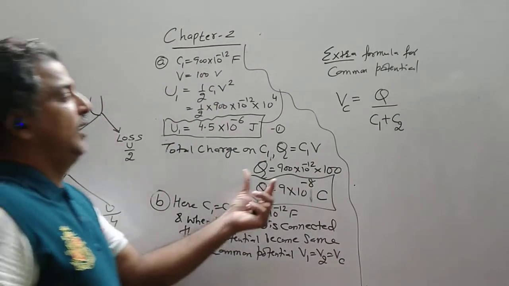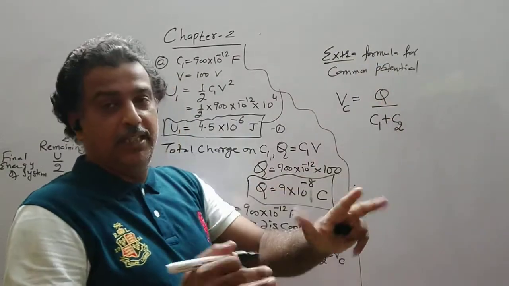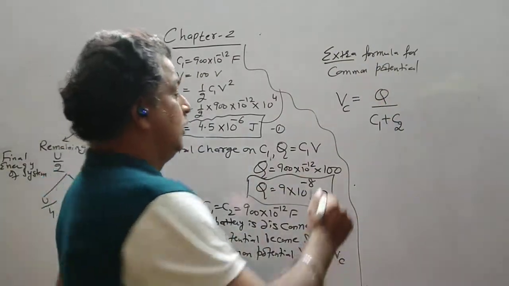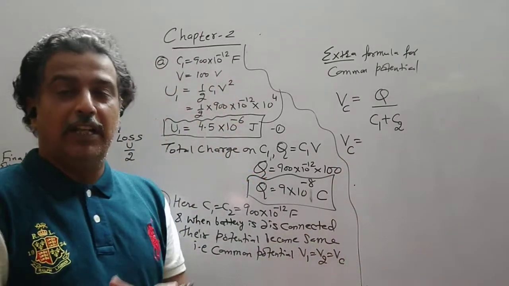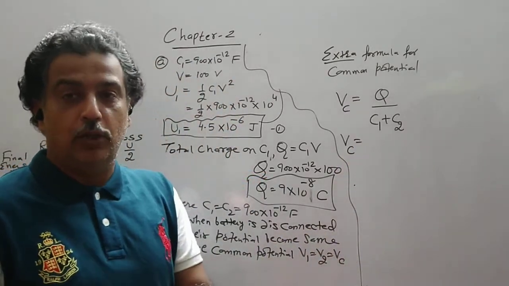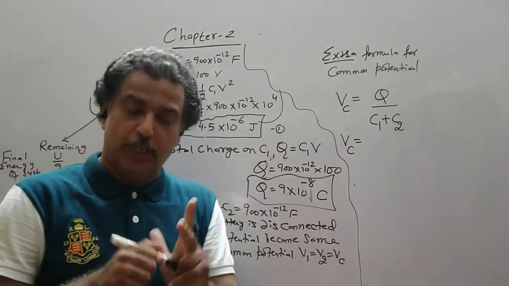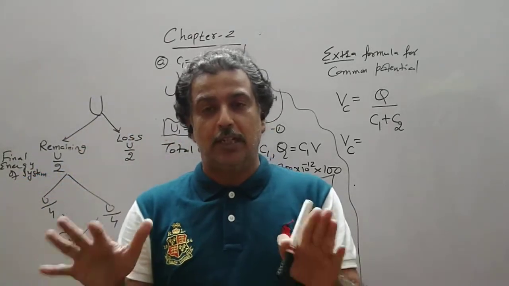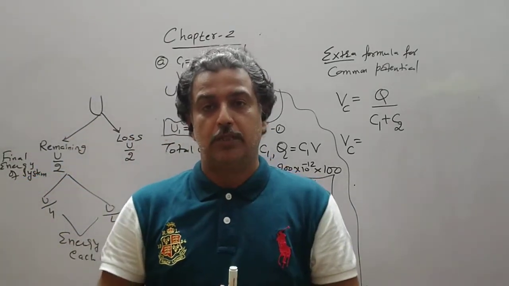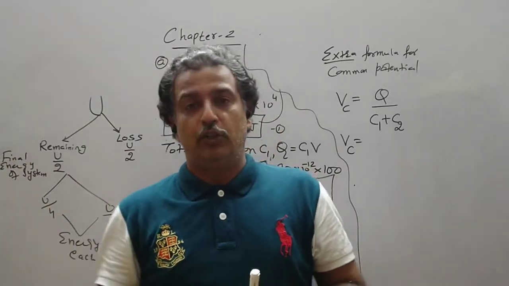So one formula is simply whatever total charge C1 has, that will remain even after the connection. After connection the total charge will remain the same, but individually they have Q1, Q2. Remember, the potential will be the same whether C1 and C2 are equal or not. Common potential means they will have the same potential. Now the charge will be the same or differ depending on the value of C.